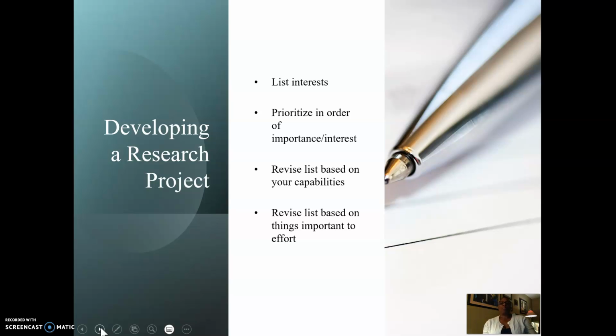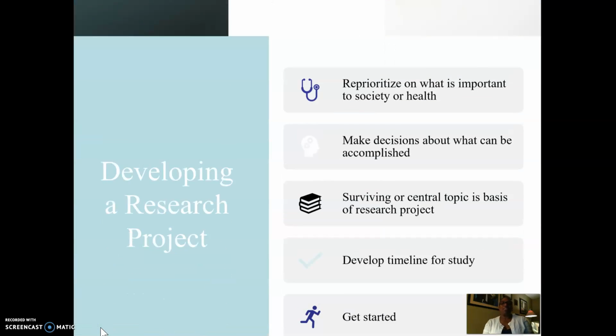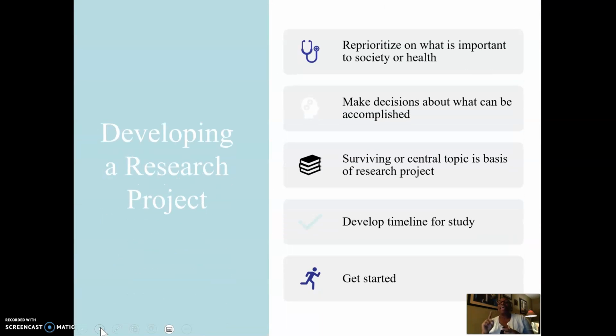All right, so here's how we get started. You want to make a list of your interests, then prioritize those interests in order of importance. Next, revise the list based on your capabilities. Then again, you'll revise that list based on the things that are important to the effort. And then from that list, you will reprioritize it based on what is important to society or health.